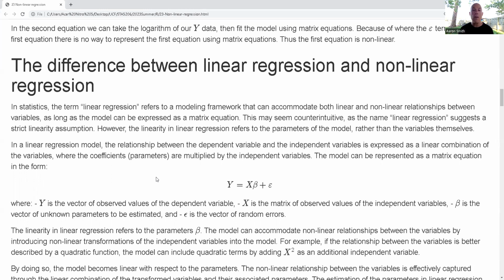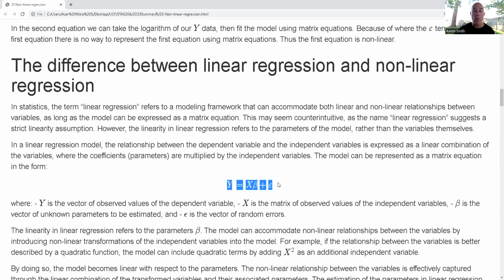However, the linearity in linear regression refers to the parameters of the model rather than the variables themselves. In a linear regression model, the relationship between the dependent variable and the independent variables is expressed as a linear combination of the variables, where the coefficients, that is the parameters, are multiplied by the independent variables. The model can be represented using a matrix equation of this form.